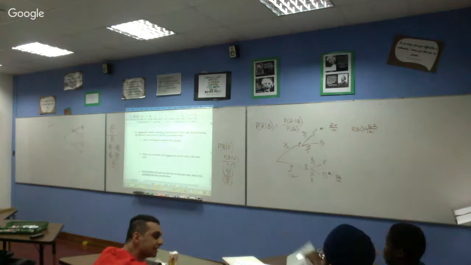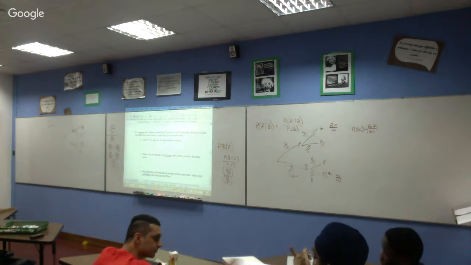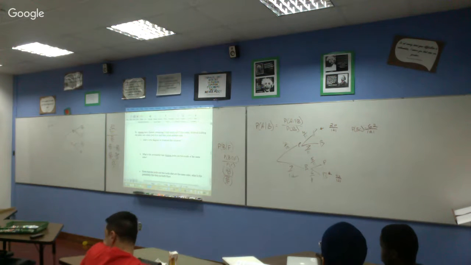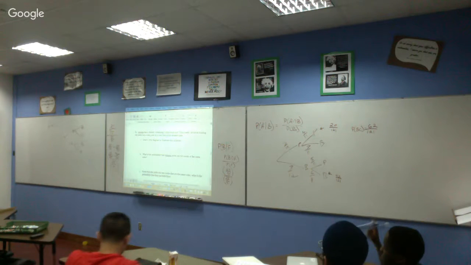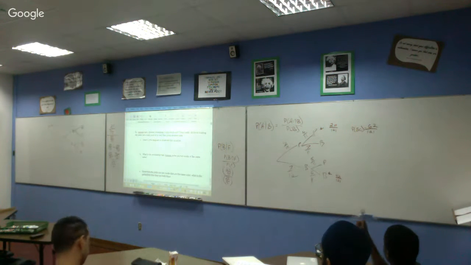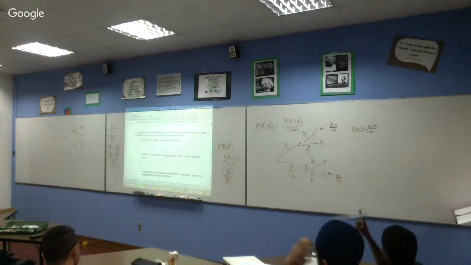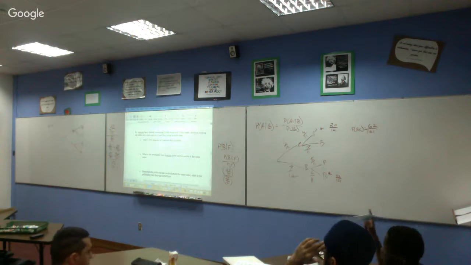Okay, is it a conditional? Is this a conditional probability? Yes. What is the given part of this condition? Same color. What's the probability that she has the same color sock?